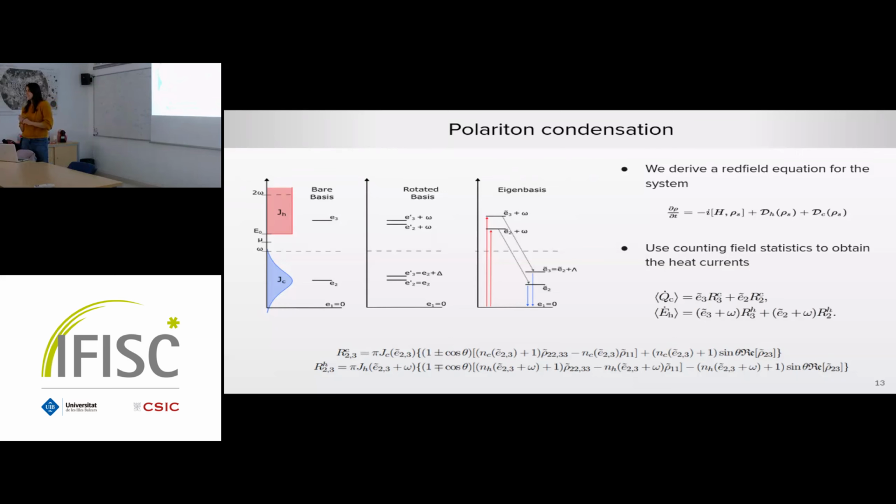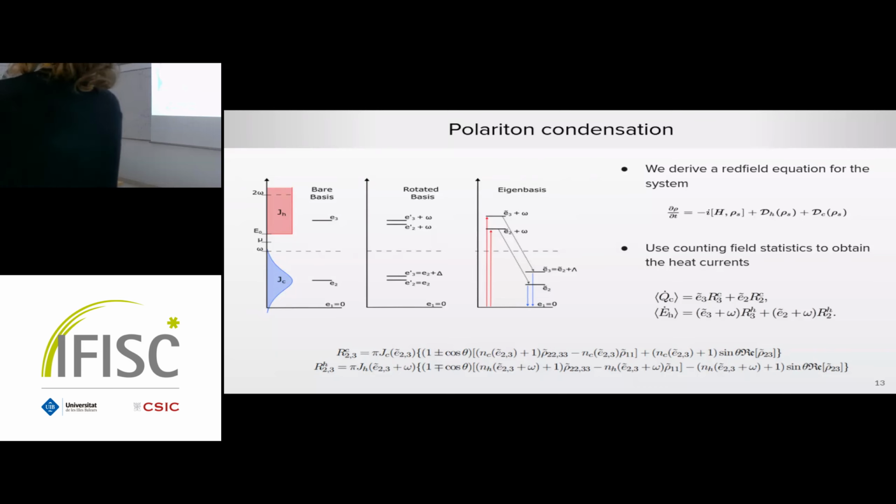Thank you. Do you think it may change something if, instead of considering the condensate as a classical field, you have a quantum mechanical description of it? Because if it is a classical field, you're assuming there is no back action on the condensate because of the interaction with the thermal machine. But in reality, of course, you will have some kind of back action.